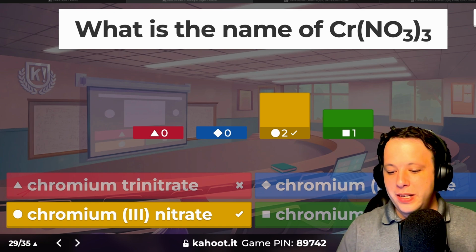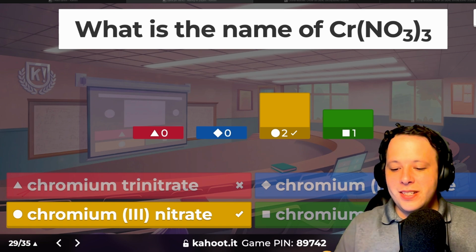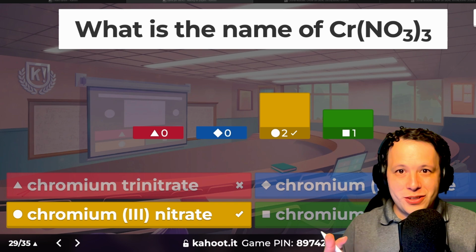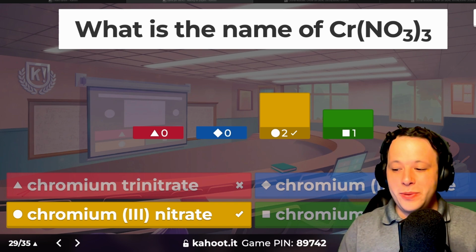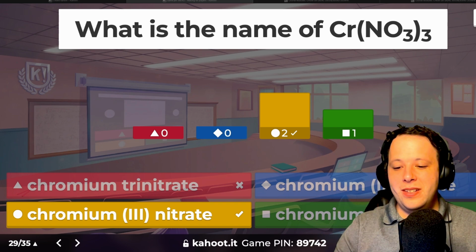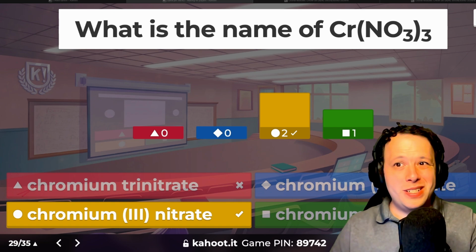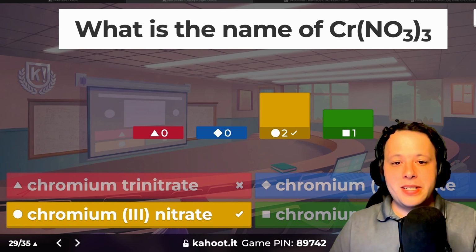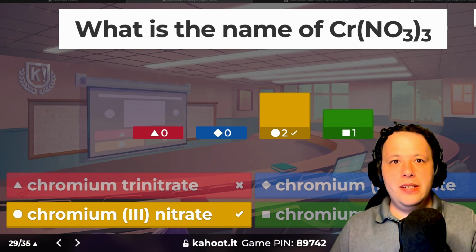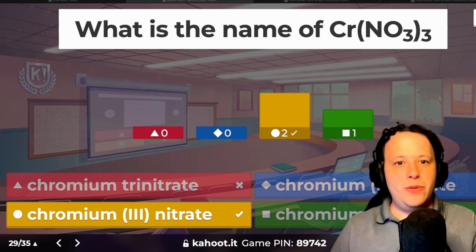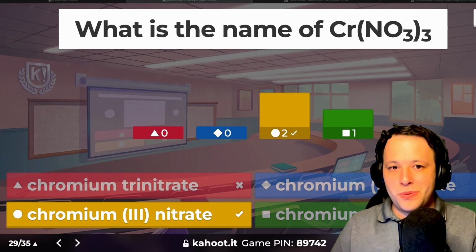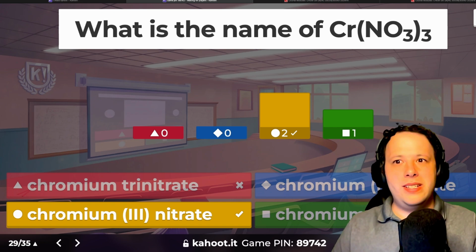Well, it needs to be 3+. It needs to be balanced on both sides. So being that chromium is a transition metal, it does have variable charge, so we need to show it in the name. So it needs to be chromium(III). And that's another reason why I say memorize the polyatomics, because if you can get that, you can quickly see that, oh, nitrate, I know it's NO3, I know it's -1. It's like one less thing for you to look up.